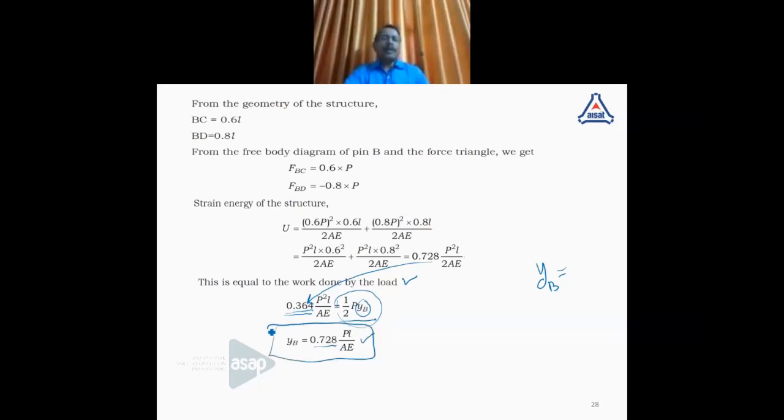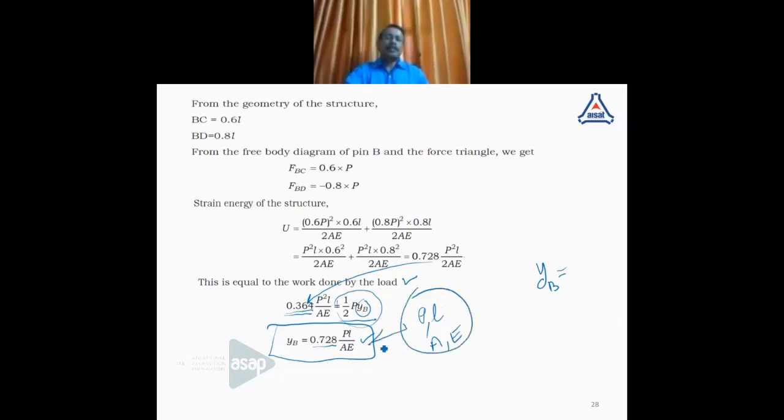Since numeric values are not given, we have to leave it like this. If numeric values are given, we can substitute the values of P, L, A, E and get the correct value of deflection.